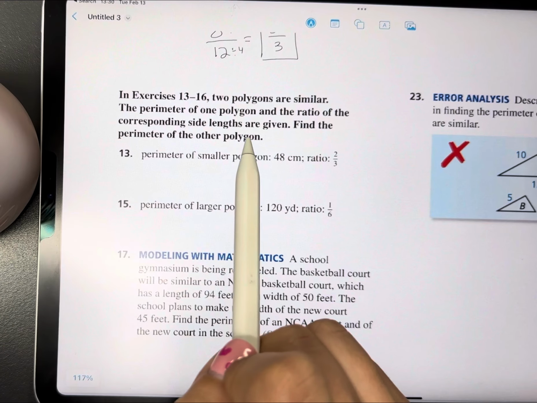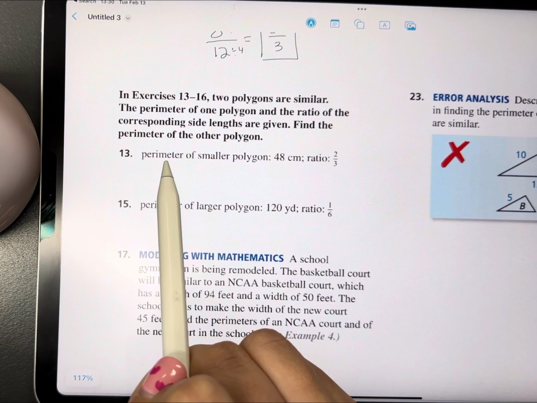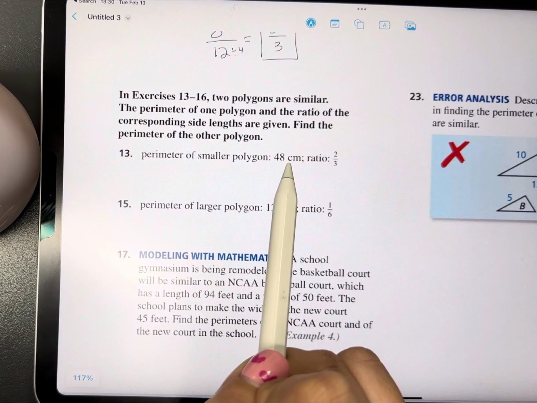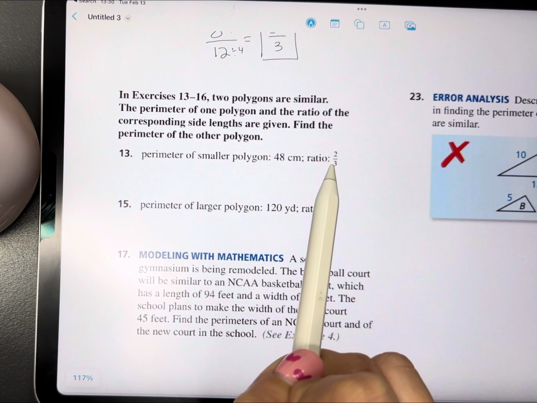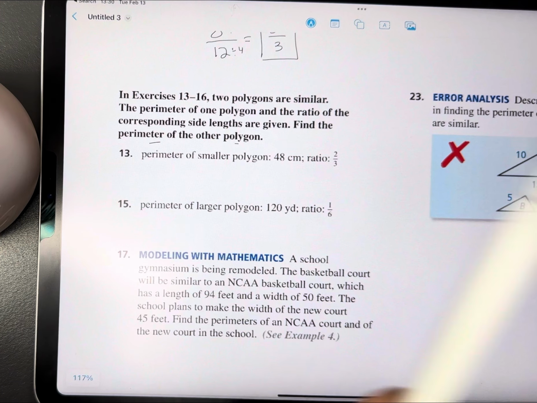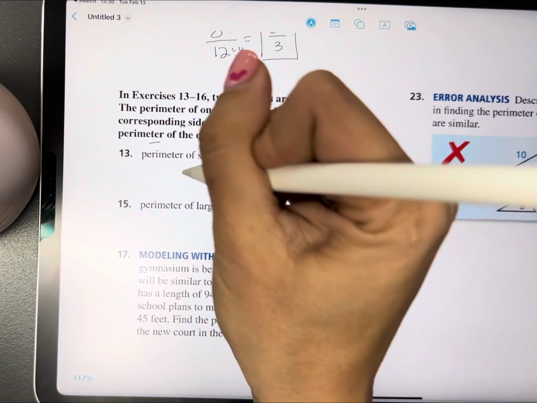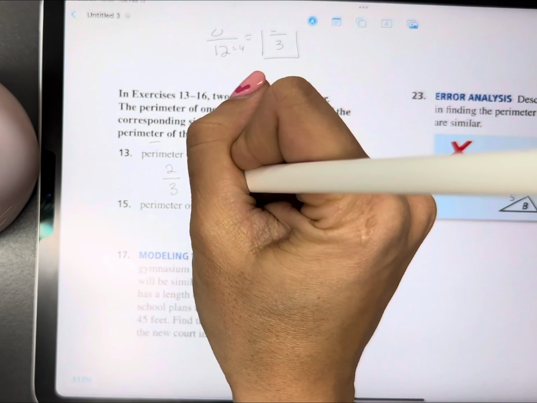Number 13 says, if we have two similar polygons, and the perimeter of the smaller one is 48, that's the ratio, find the perimeter of the other one. Well, great. They gave me my complete ratio, that's 2 to 3.